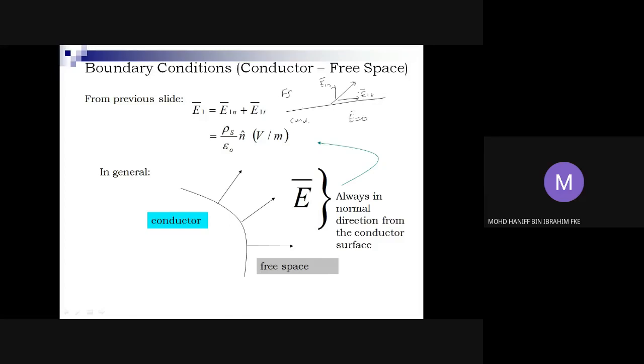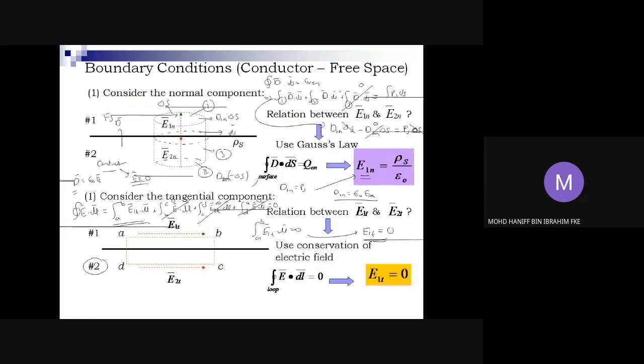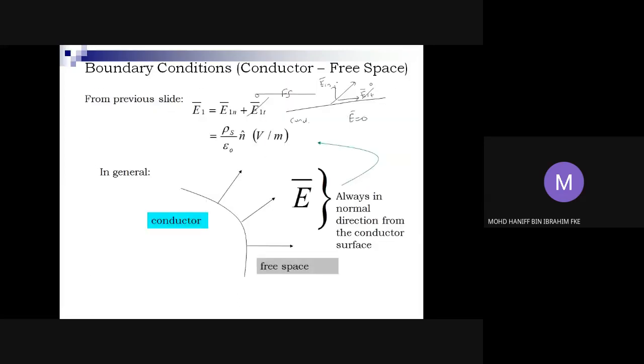But we have agreed from the previous slide that E1T will be 0, because of the conditions we have just seen. We are left only with the normal component, E1N, given by the normal relationship just now: the electric field E1 in free space will be given by rho s over epsilon naught times the normal unit vector only.